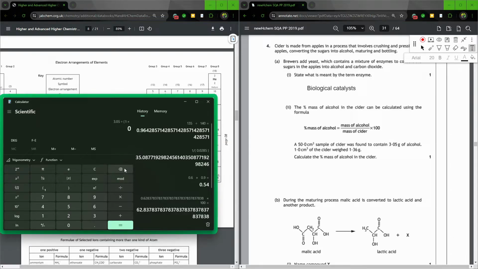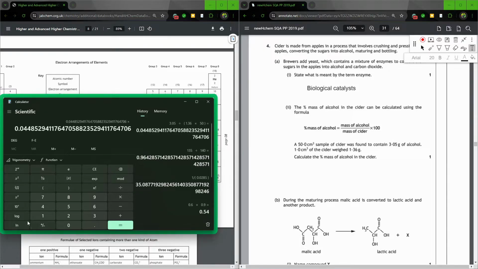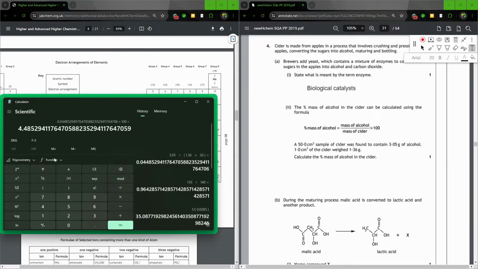Oops, if I knew what I was doing. I'm going to reset that. Oh, it's been a long day. Not really, I'm just really bad. But yeah, so 1.36, and then we're going to times it by 50. Beautiful. And then divide it, and then of course this doesn't look much sense, but we just times it by 100 to get the actual percentage, and it's 4.5. So we'll just write that in.